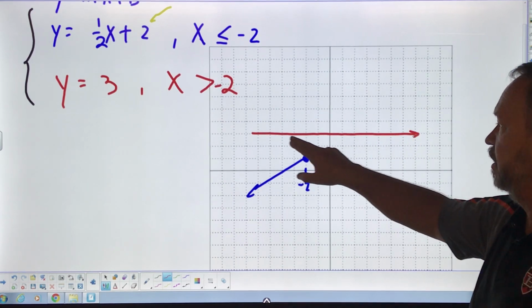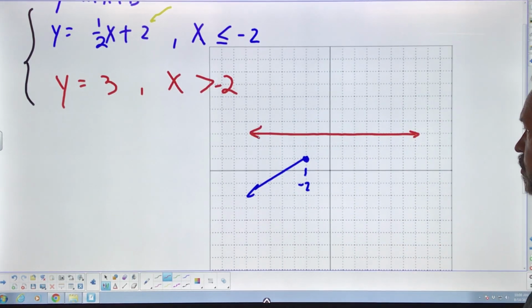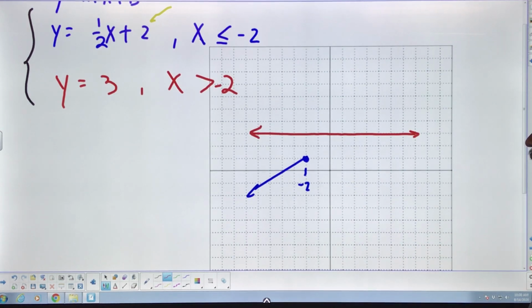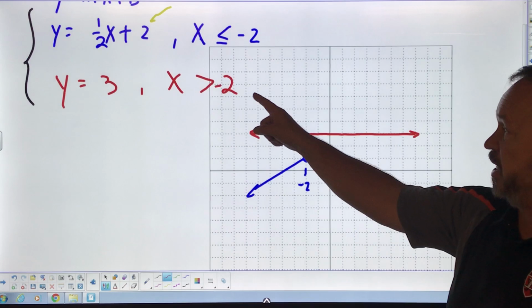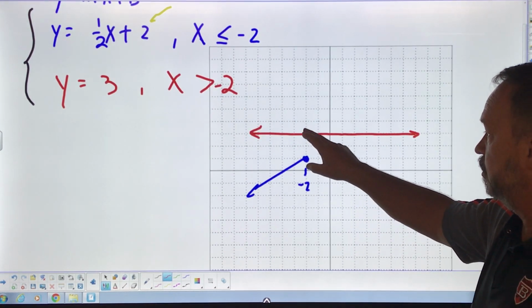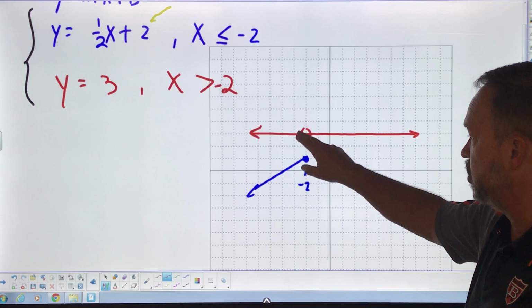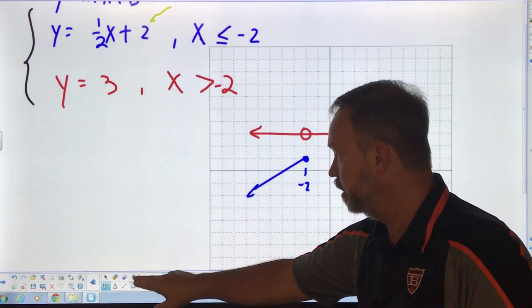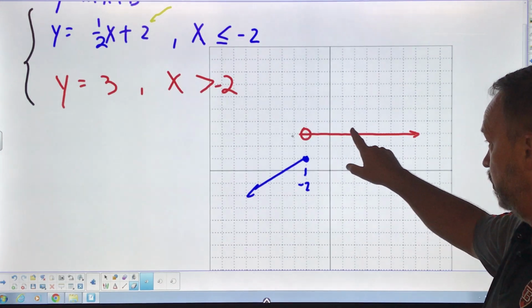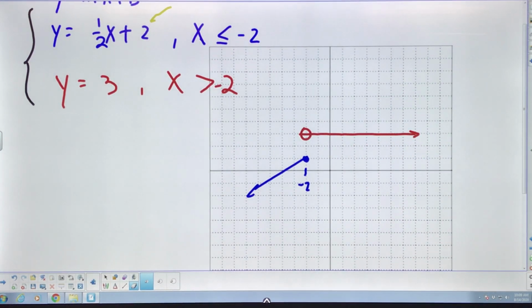It is a horizontal line where y is 3. Up 3, up 3, up 3, up 3, all the way up 3 every time. But they tell us, oh wait, but it only exists when x is greater than -2. So we're going to have an open circle on that and erase this part because it only occurs from here over. Nice.